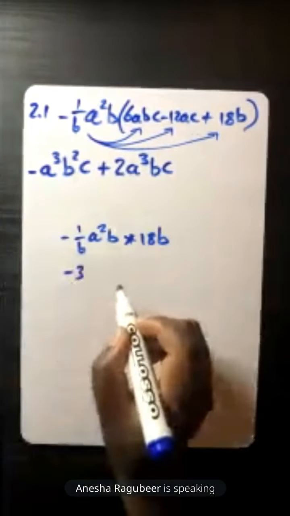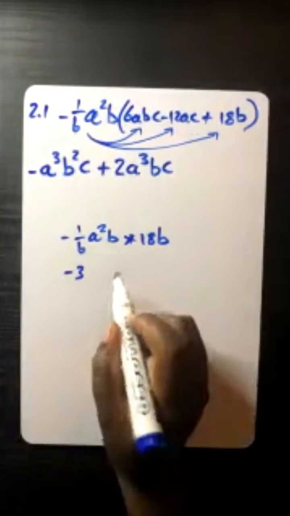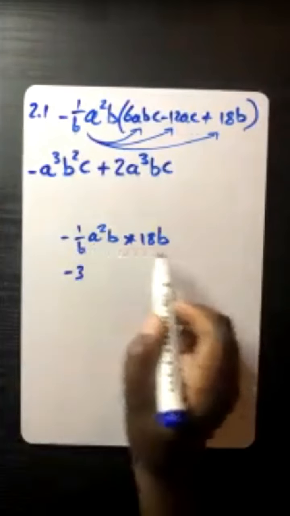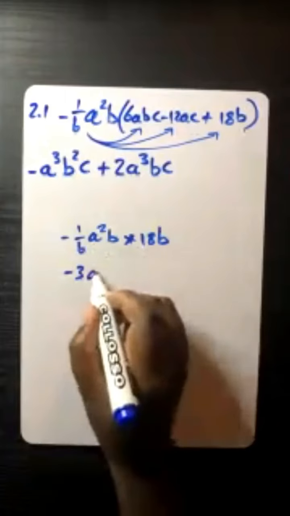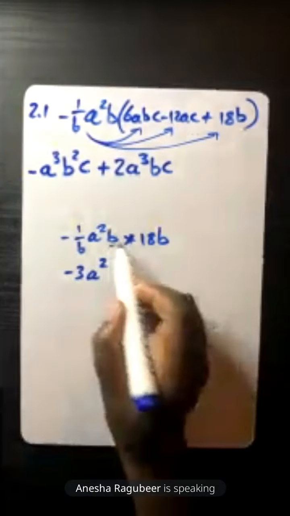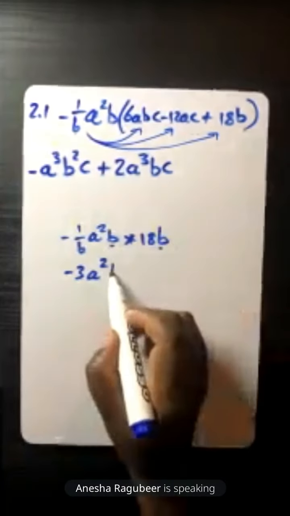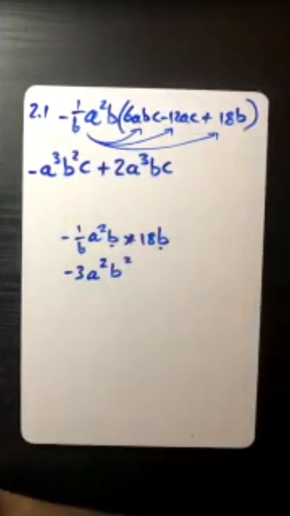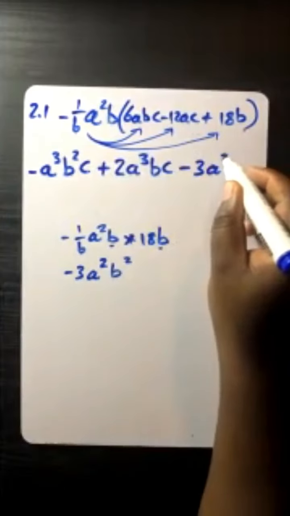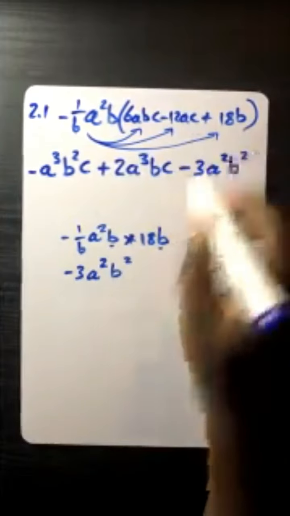Do we have a that we can multiply with each other? No, sir. Then we just write it as a squared. Yes, sir. Then that part, obviously it's b squared. Which means we've got minus 3a squared b squared.